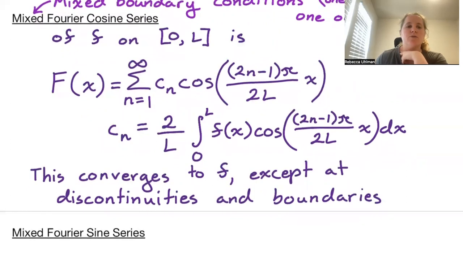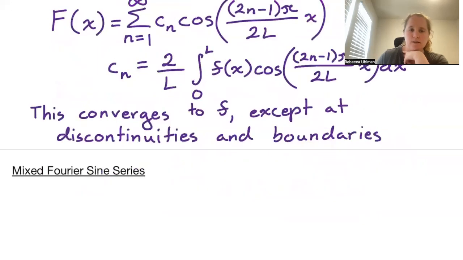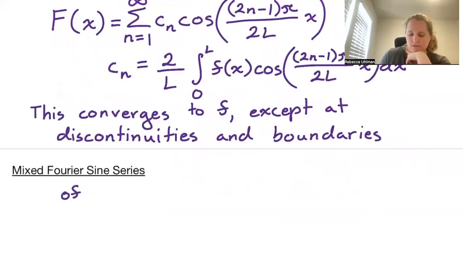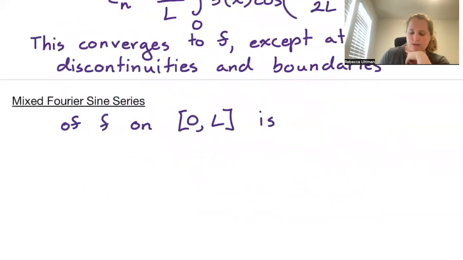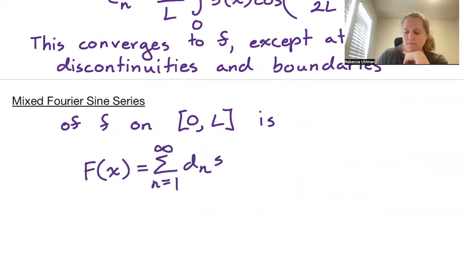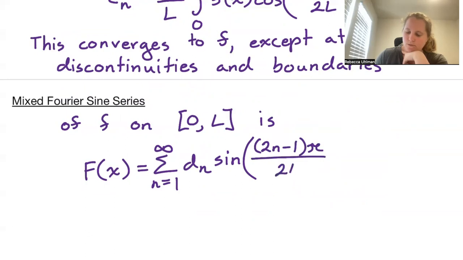Similarly, we have a mixed Fourier sine series of f on 0 to L. And this is simply f of x equals the sum from n equals 1 to infinity of d sub n sine of (2n minus 1) pi over 2L x.